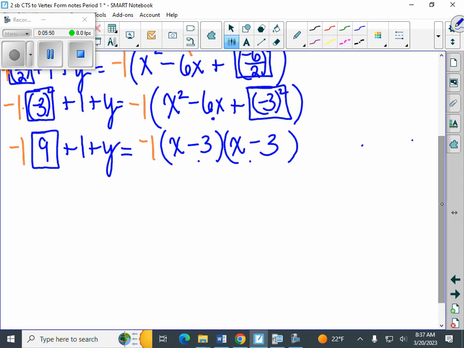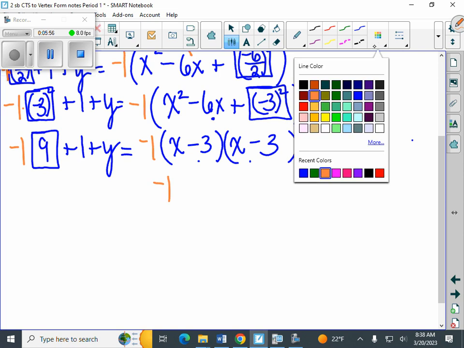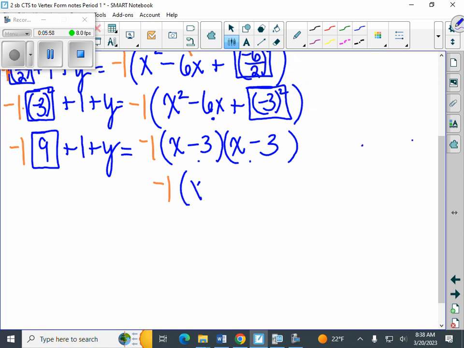And at this point, we are at the condense step. And when we condense, we've got x minus 3 squared, meaning x minus 3 times itself. On the other side, we have negative 1 times 9, which is negative 9. And we still have our plus 1 plus y.